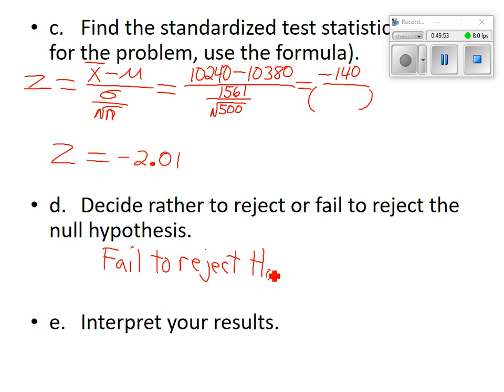Claim that the mean cost of raising a child from birth to age 2 is how much? 10,380.